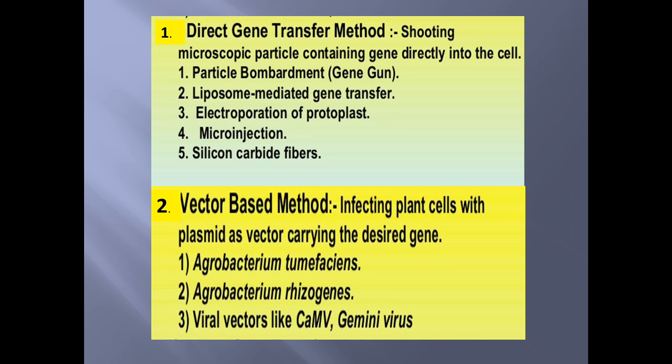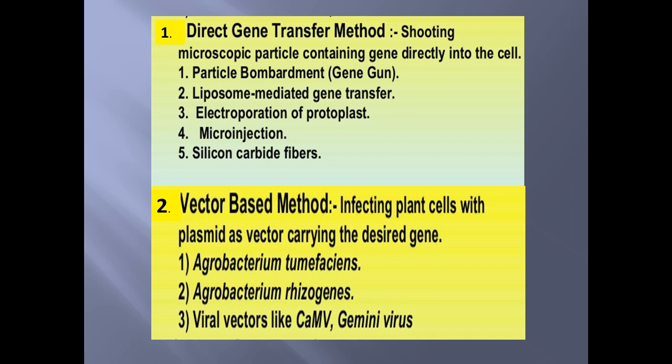Coming to the first method, direct gene transfer, which doesn't require any mediator or vector for transferring the gene. Direct gene transfer can be done using different methods. The first is the particle bombardment method, which is done using an instrument called a gene gun, also called a biolistic gun, and this method is also called the ballistic method.